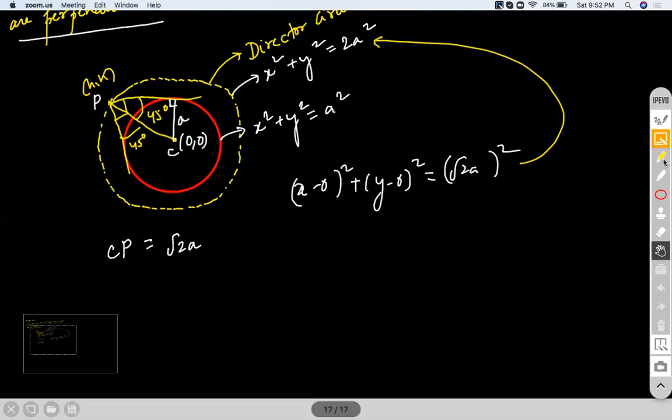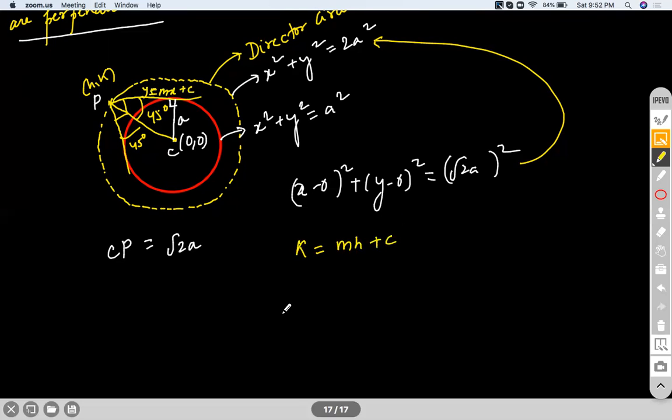The other way would be, let's say I consider the equation of this line to be y equal to mx plus c. Now, can I say h comma k will satisfy this? So k is equal to mh plus c, and c is equal to k minus mh.